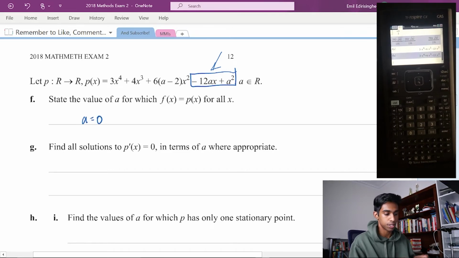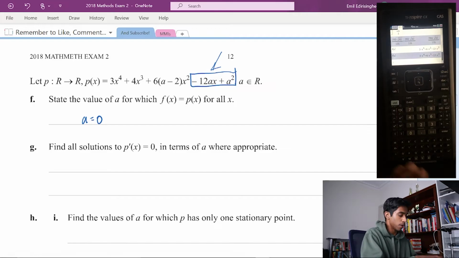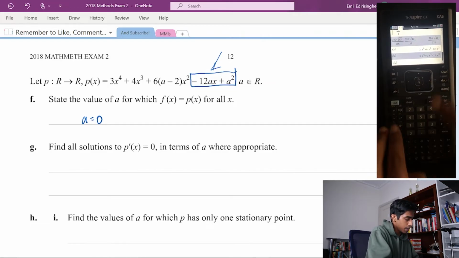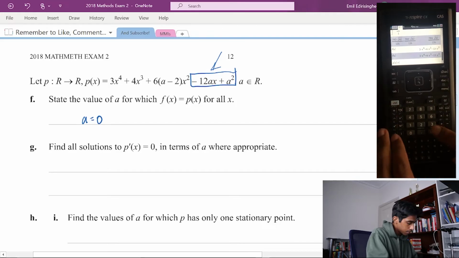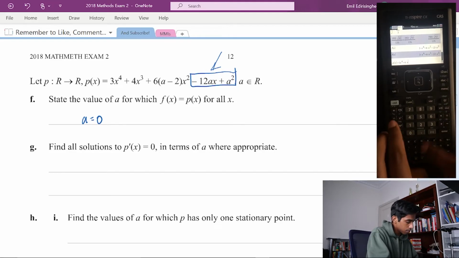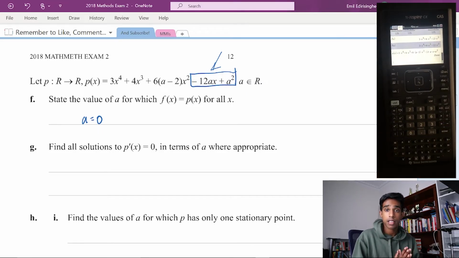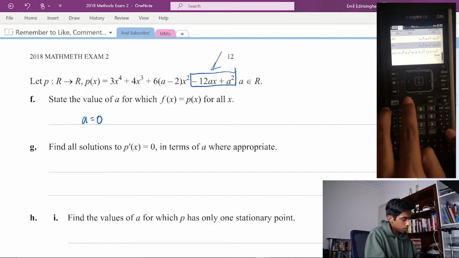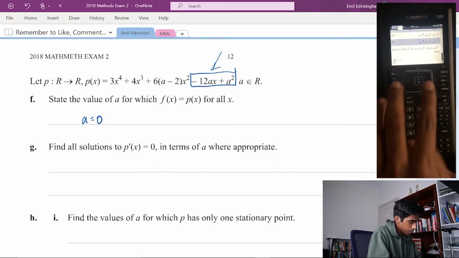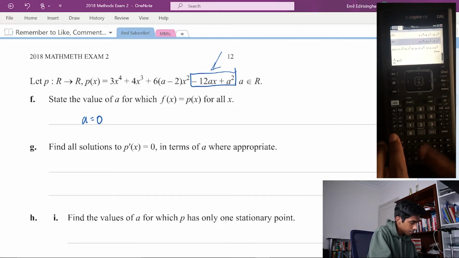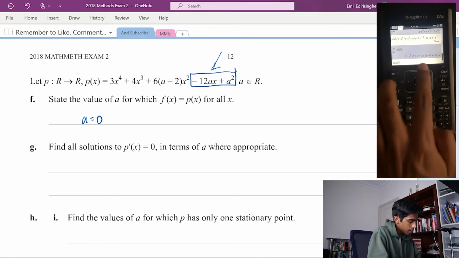Next, we're asked to find all solutions to p dash of x equals 0 in terms of a where appropriate. So what I'll do here is I'll define p of x, which gives us 3x to the power 4 plus... that's p defined, and then what I'll do is I will find the derivative of p of x, and I will make this equal to 0.